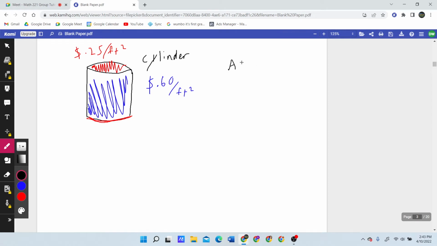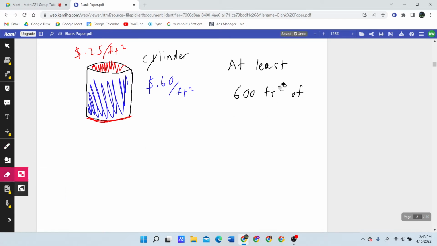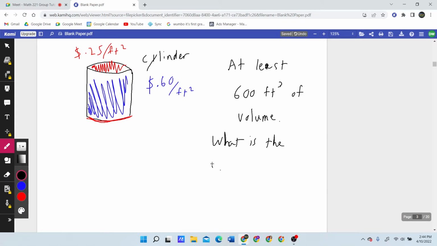I want there to be at least 600 feet cubed of volume. And I want to know what is the minimum cost.